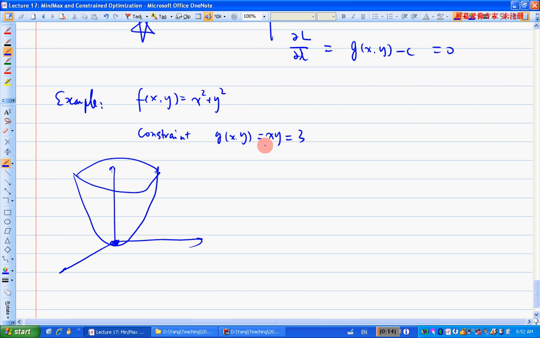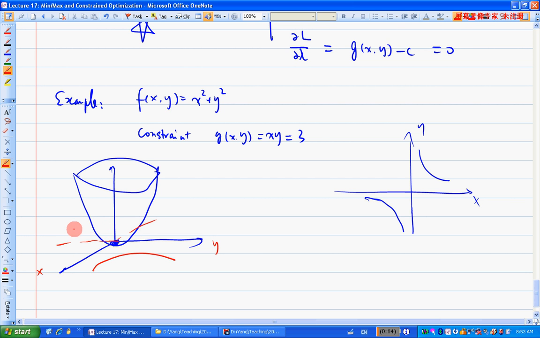And this constraint g of x, y equal to xy equal to 3, if this is the x-axis and this is the y-axis, that's a curve like this. Then in 3D, you have a curve here, and another curve over there.